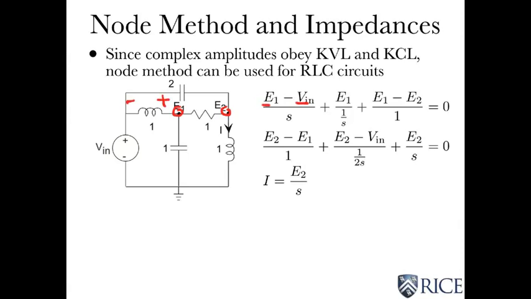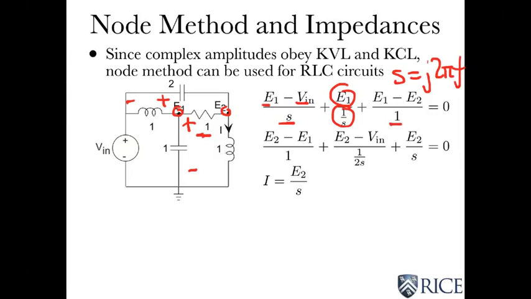And the impedance of the inductor is 1 times S. I'm using S instead of j2πf again because it really cleans up the notation in the equations, and I'll substitute that back in when I'm done. E1 is sitting on top of the capacitor, so it's E1 divided by the impedance of the 1 farad capacitor, and E1 minus E2 divided by the resistance of the 1 ohm resistor, etc.